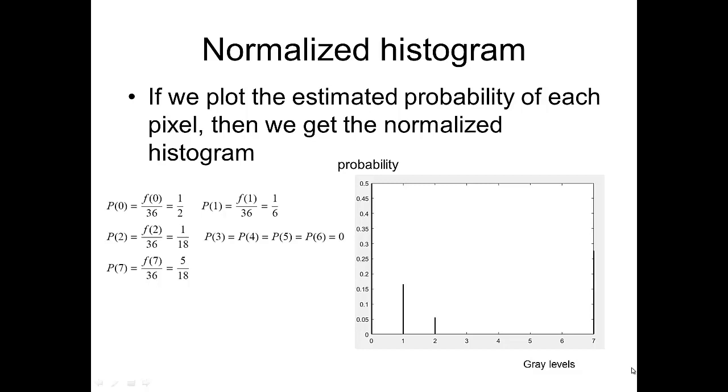For the pixel value 1, the probability is 1/6. For the pixel value 2, the probability is 1/18. For pixel values 3, 4, 5, 6, it is 0. Then for the pixel value 7, the probability is 5/18. So we call this a normalized histogram.